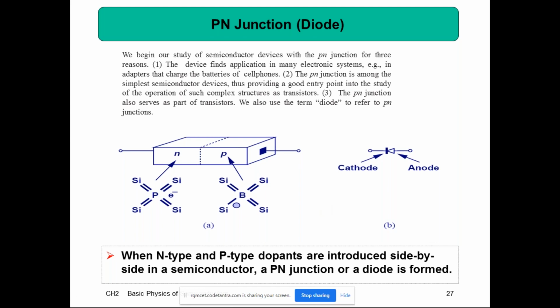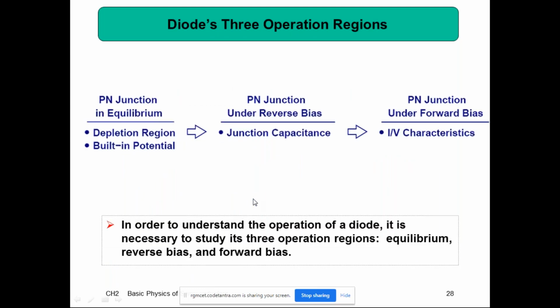In the original technology, there is one process: I can take either a P-type material or an N-type material, and the remaining one is diffused, right? Okay, that is another issue. When N-type and P-type dopants are introduced side by side in a semiconductor, a PN junction or a diode is formed. Right.